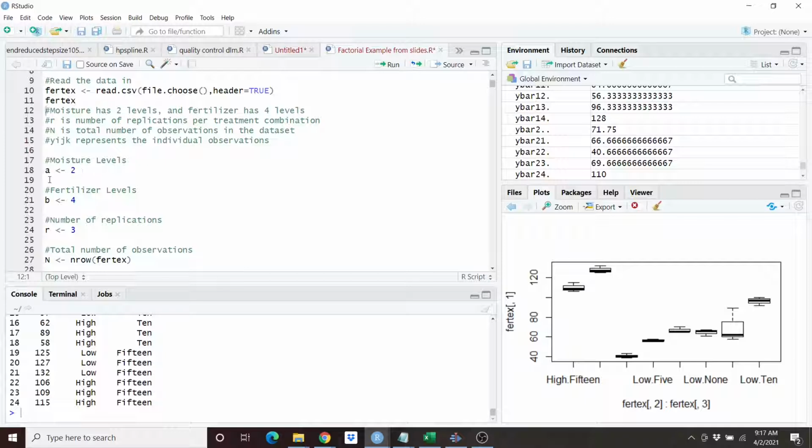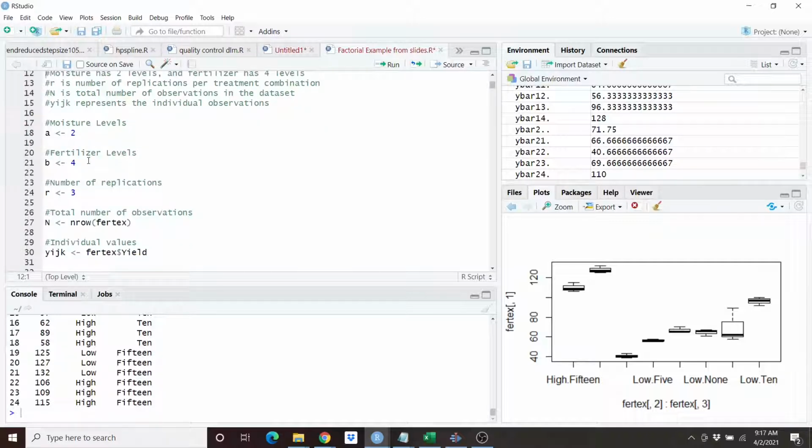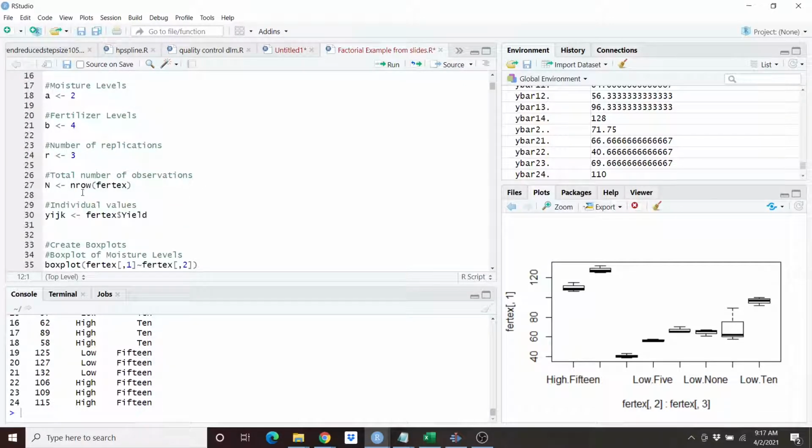So I'm going to say A is going to be 2. These are our moisture levels, so it's either low or high, so I'm just going to call A 2. B, we've got 4 levels, and so B is going to be set at 4. R, our number of replications, is 3. Capital N will be our total number of observations in our yield, and so that's 24.